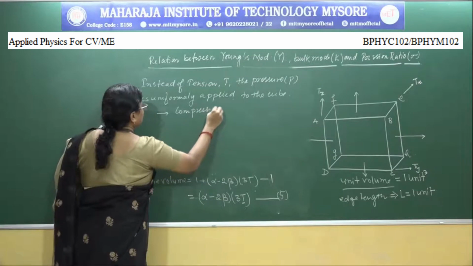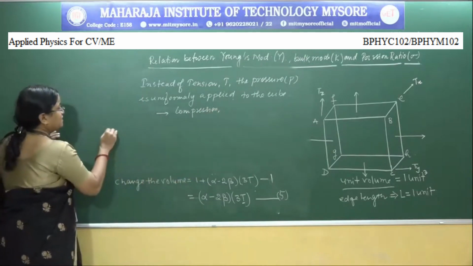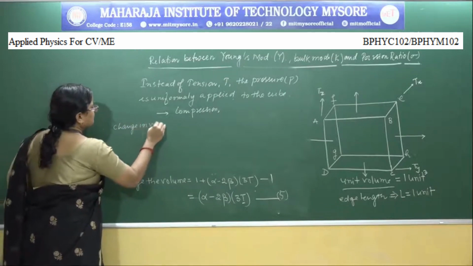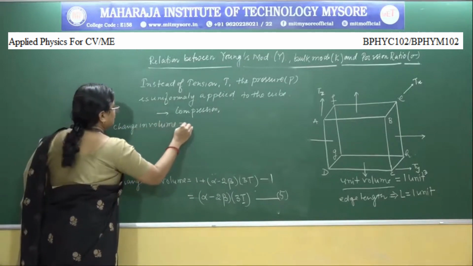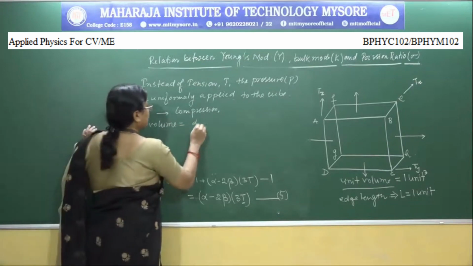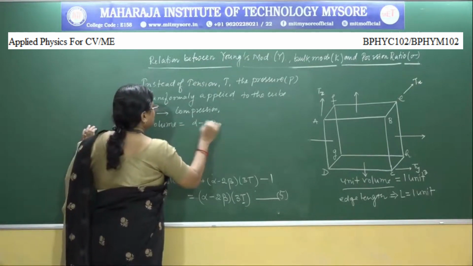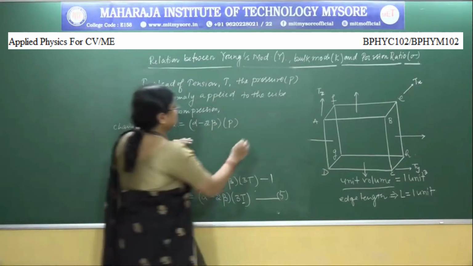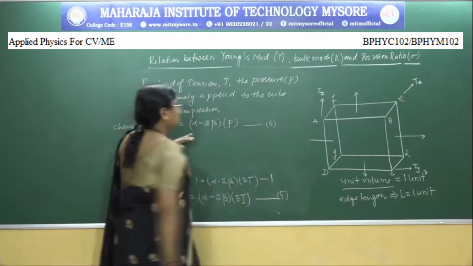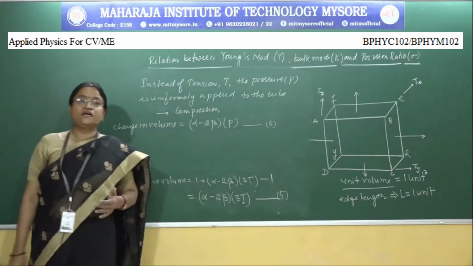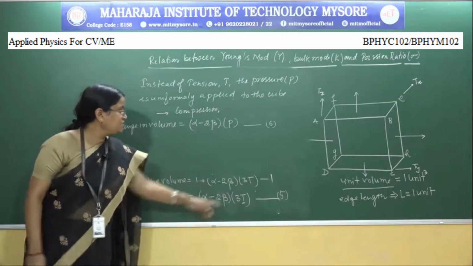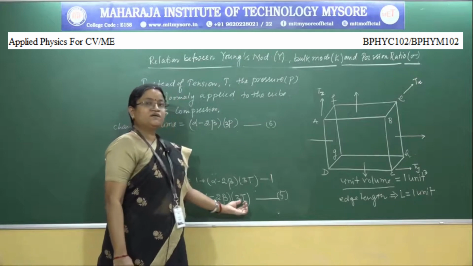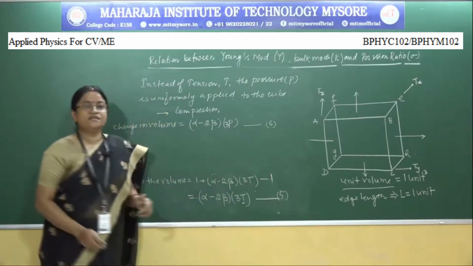So, now we can write the change in volume. It will be equal to alpha minus 2 beta into 3P. As it was 3T, here we will have 3P.